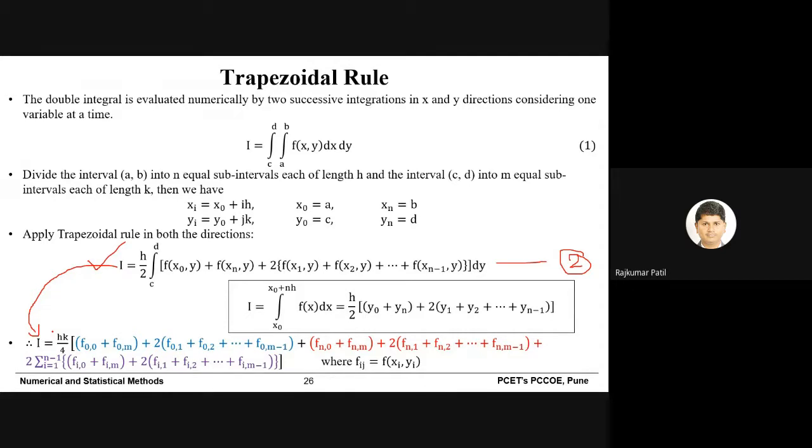So what you need to do? You need to take the integration of equation number 2 and try to simplify. You will get this particular form. Okay, now how to memorize this equation? I will give you a trick, and in that equation I have provided different colors. These colors will help you to understand the same.